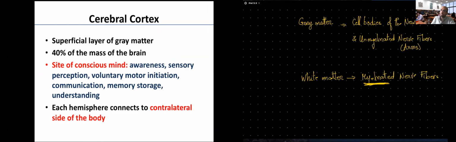It initiates the voluntary motor signals. It's going to be responsible for normal communication, memory storage, and understanding. So this is all my conscious mind.